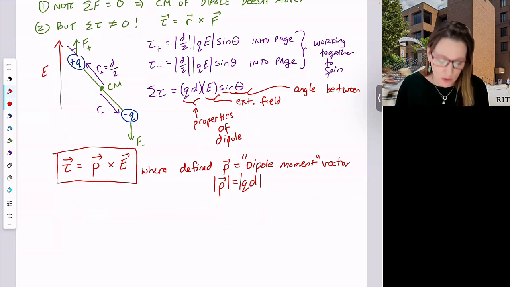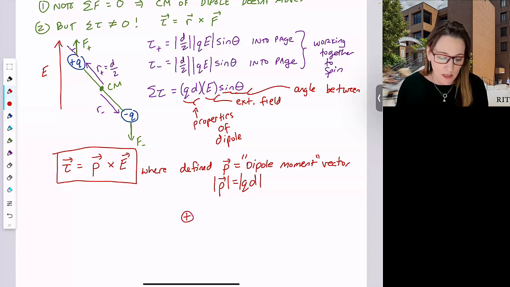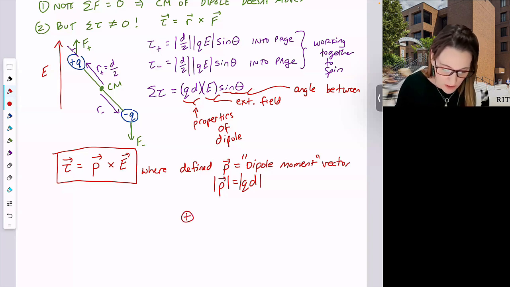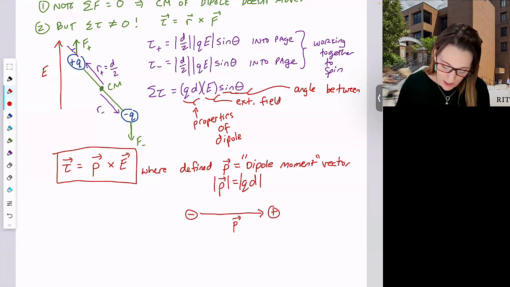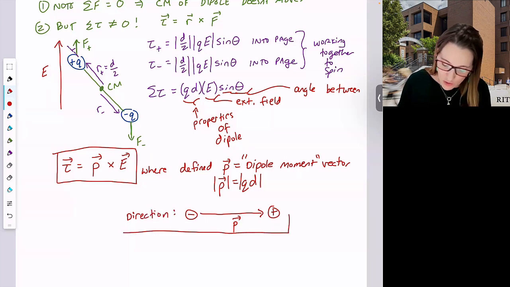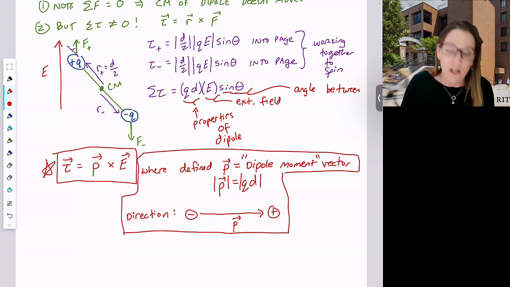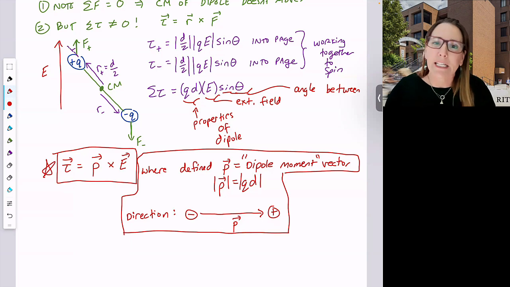And by definition, in order to make this cross product work, P is going to point from our negative to our positive. So negative to positive is the direction of P. The direction is built into the definition of P, and that's created so that this torque equation is the correct order, that it's P cross E and not E cross P.